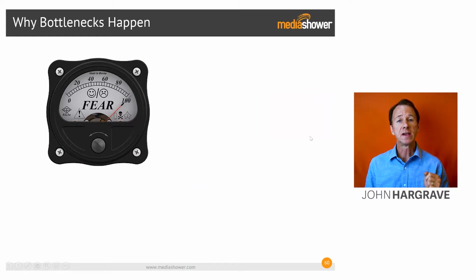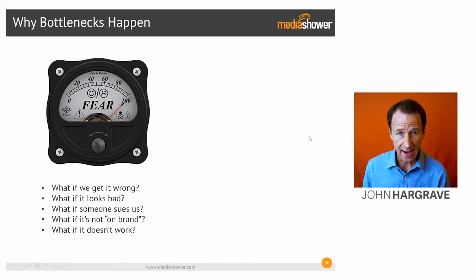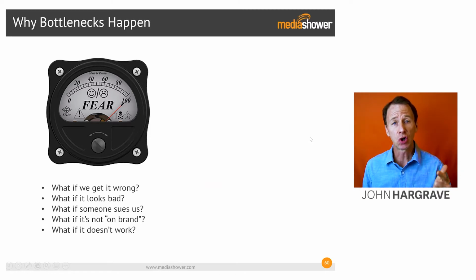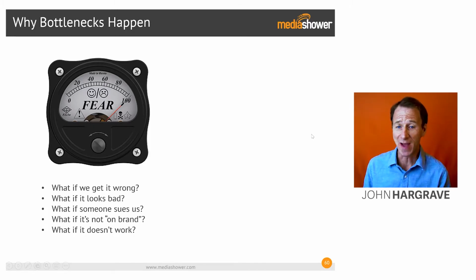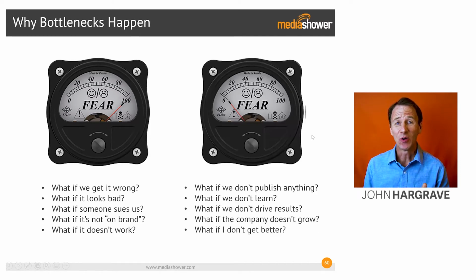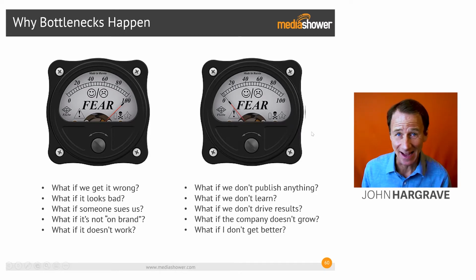Now, the human reason, the emotional reason that bottlenecks happen is almost always because of fear. It's almost always because people are afraid that when they publish something, they're going to get it wrong. It's going to look bad. There's going to be legal problems. It's not going to be on brand. In some way, it's not going to work. Well, what they should be concerned about are things like, what if we don't publish anything?